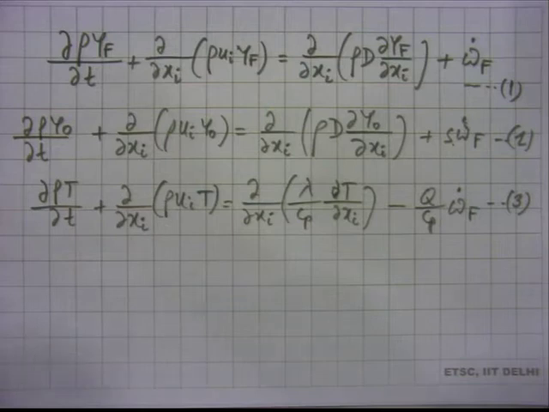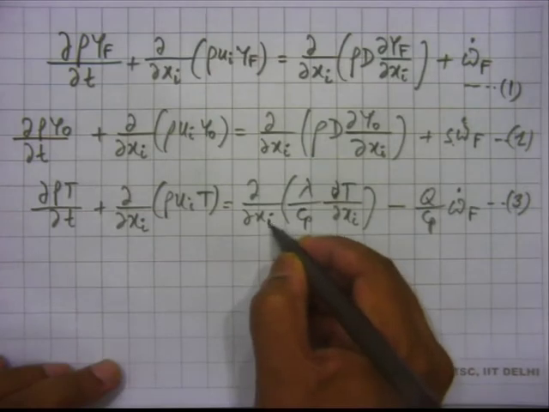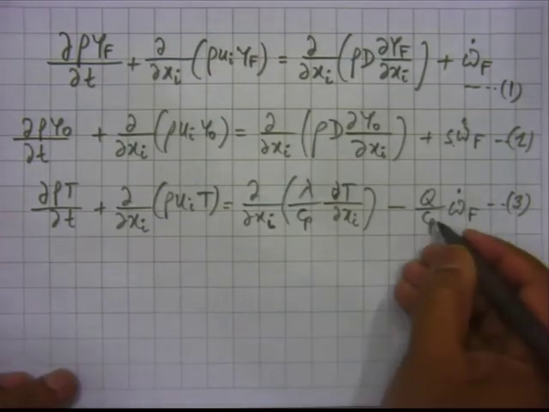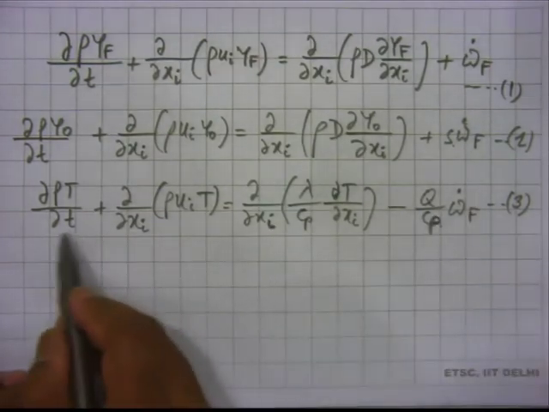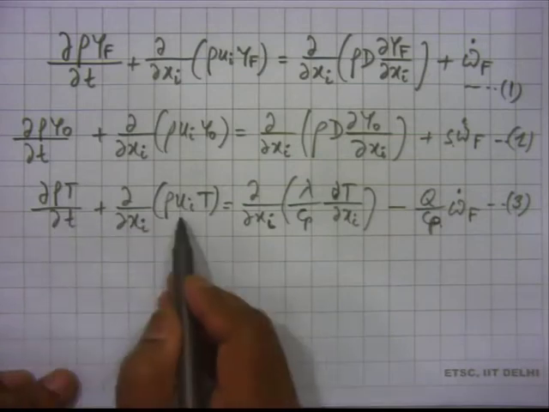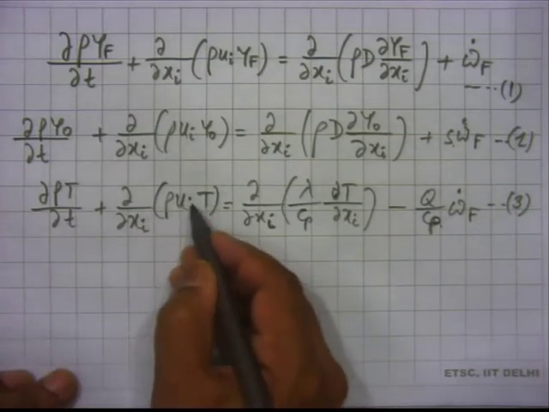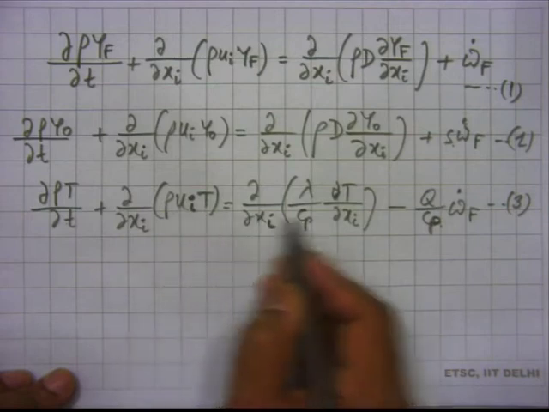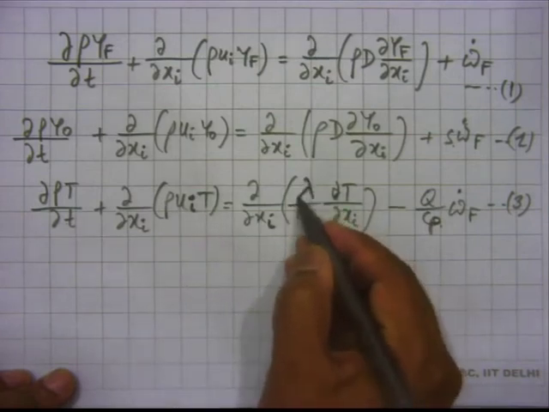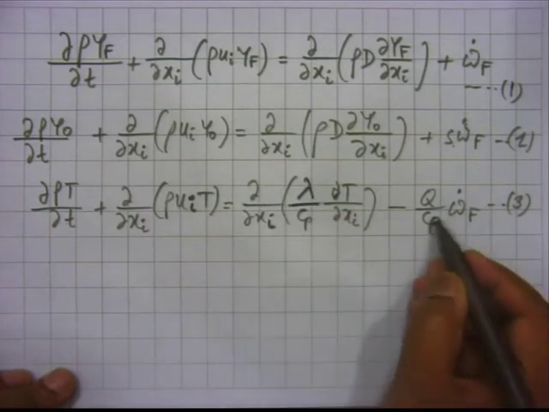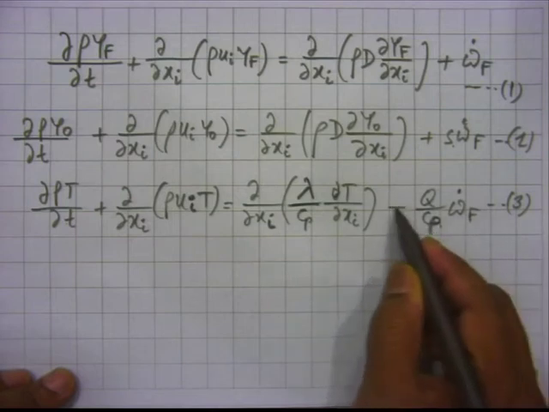But we also have this energy equation, and in the energy equation we see again similar terms. There is a transient term, then there is this term due to velocity here, and then there is a diffusion term, and then there is another source term.